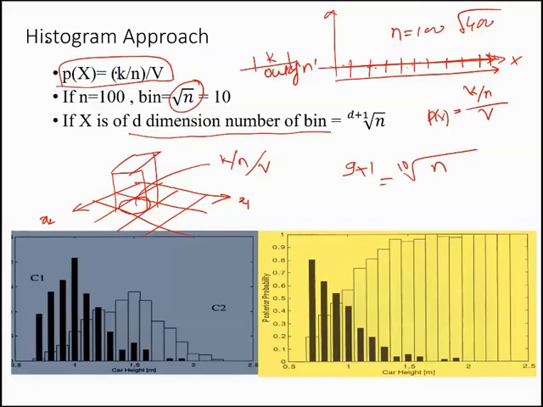Okay, so you can imagine that when it becomes multi-dimensional, this approach is very tedious to do. Manually you cannot observe more than say 3 dimensions, then it is very cumbersome to implement this histogram approach.